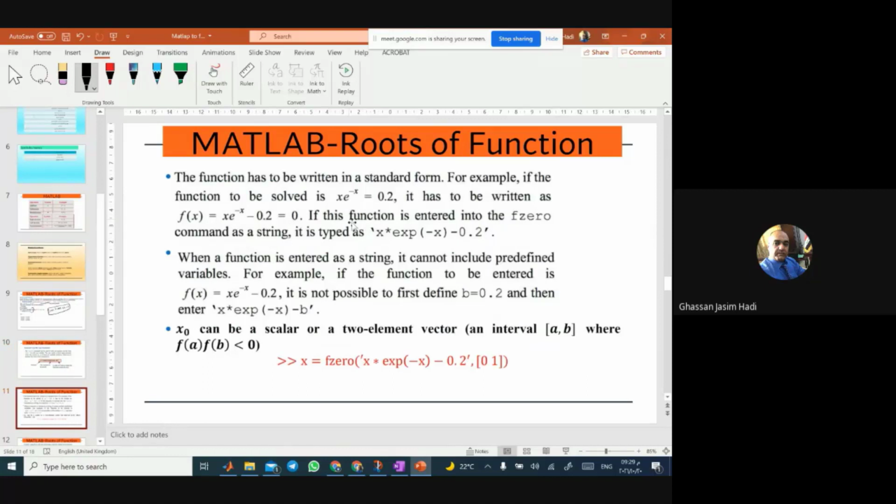Let's take an example. It gives us an example like this: x times e to the minus x equals 0.2, and they need the roots. How to write this?